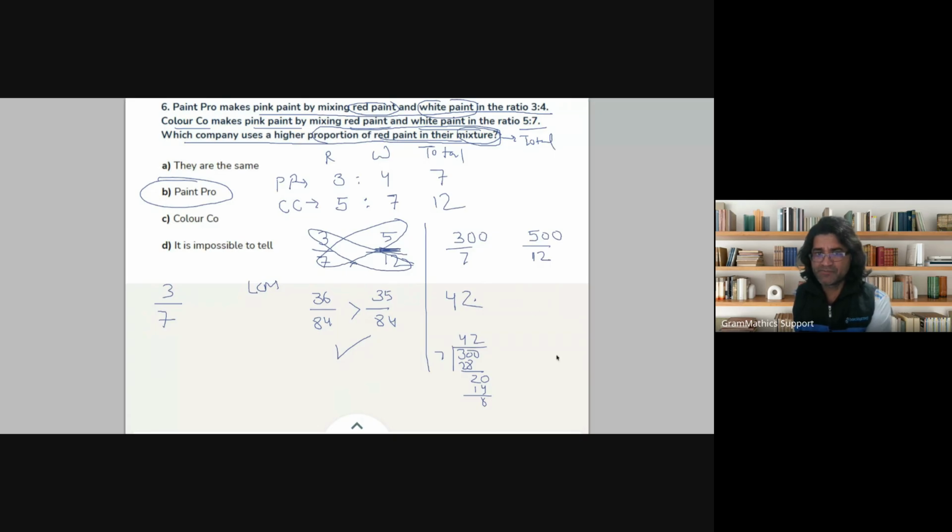I leave that something. If I did the same for 500 by 12, so 12 times 4 gives me 48, 20, and 12 times 1 gives me 12. 8 is remainder. So it is 41 point something. Now you can clearly see this is bigger, which means this is bigger.